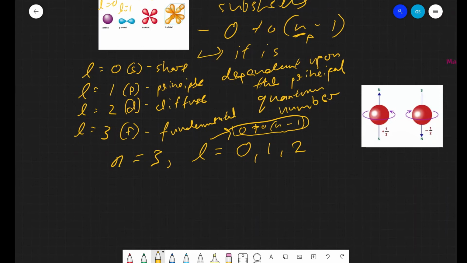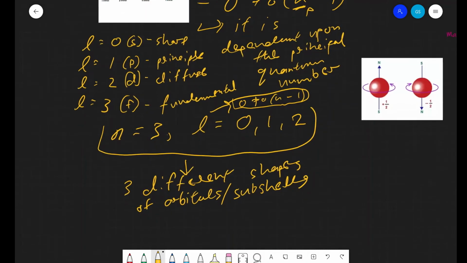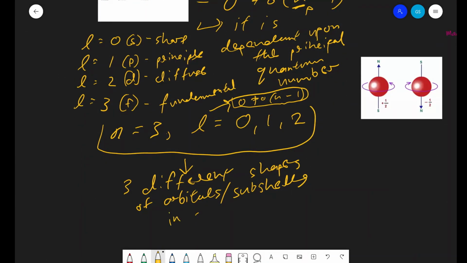So what does this mean? 0, 1, and 2. Well, that means that there are 3 different shapes of orbitals or subshells in the 3rd energy level.